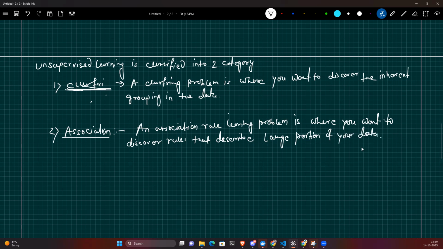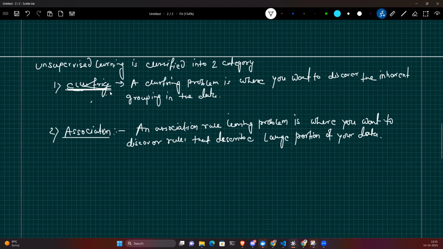An association rule learning problem is where you want to discover rules that describe a large portion of your data. So here we are not doing clustering. Here we are just applying some rules which will describe your problem. So that is called association.